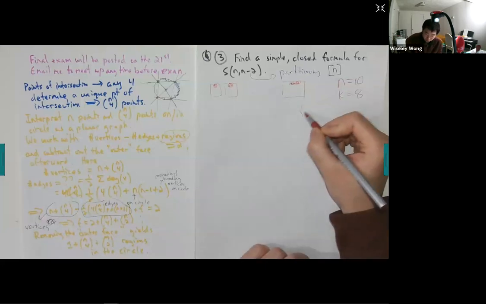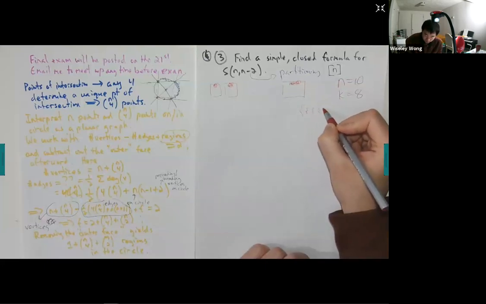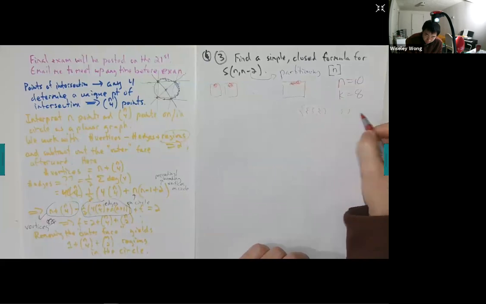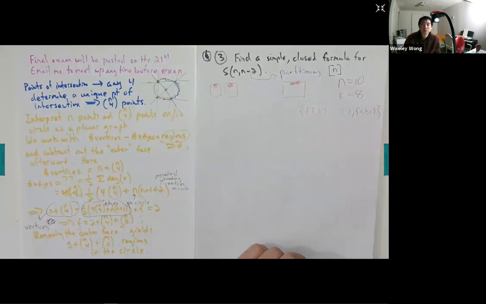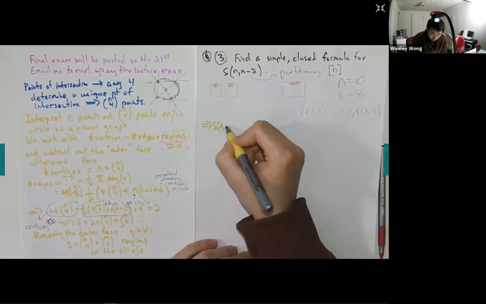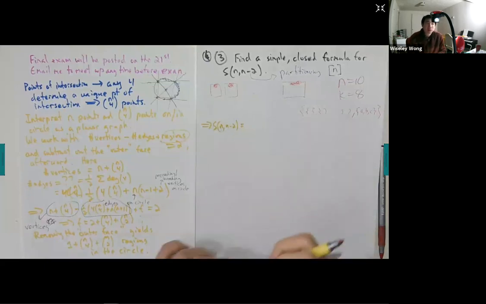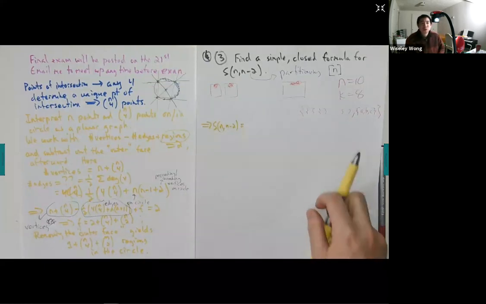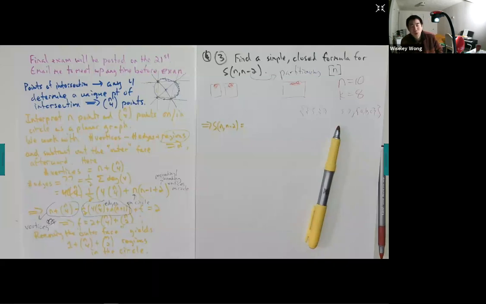So your partition would look something like this: 1 element, 1 element, and then 1 part has 3 elements. Therefore, one possible case is that this partition has all singletons except for 1 part that has size 3.